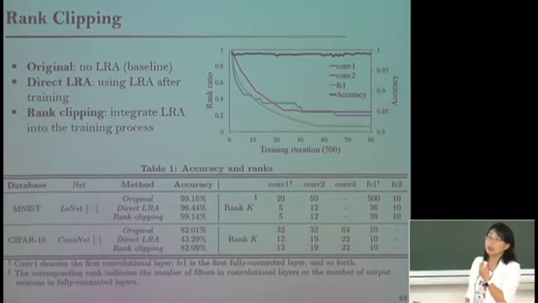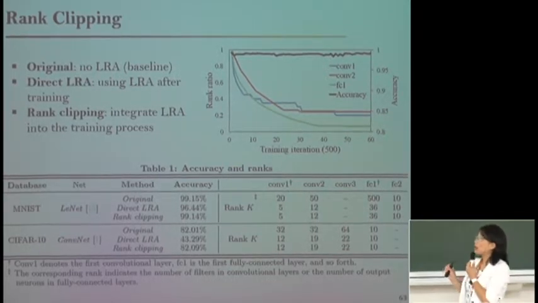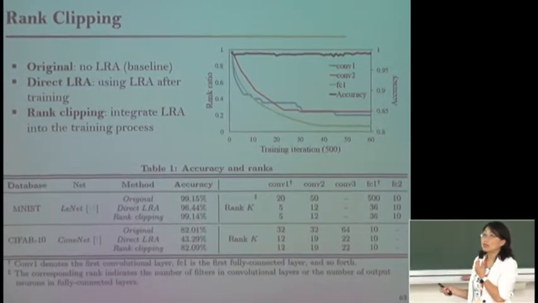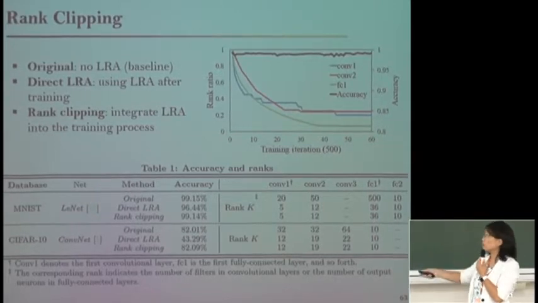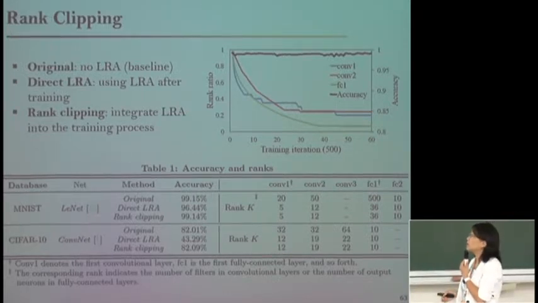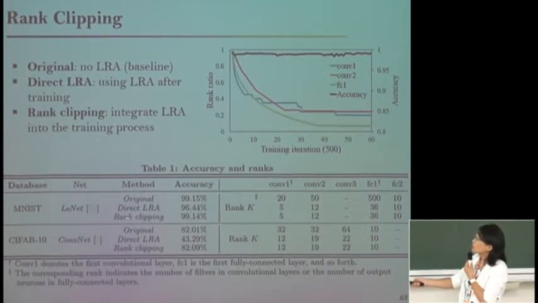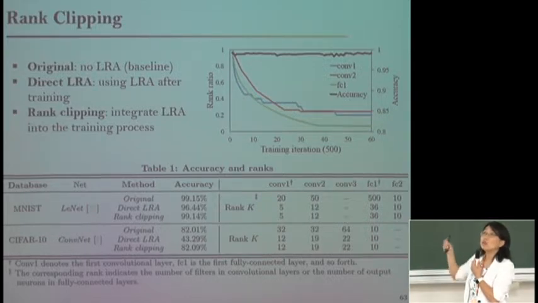For each configuration, we try the original methodology with direct LRA, meaning we train the networks using the original methodology and then apply the LRA, the PCA for instance, and that's it. Then we see how the accuracy is and what U and V we obtain for each layer. We also show rank clipping, meaning we embedded the LRA into the training process, and see the results.